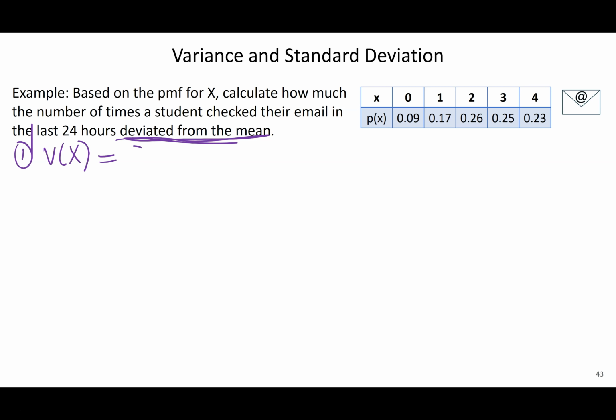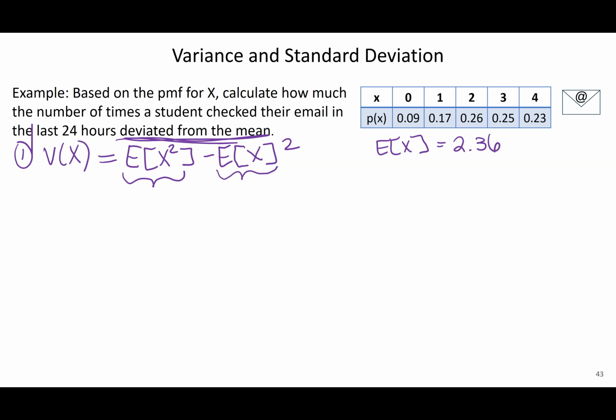So it's going to be the expected value of x squared minus the expected value of x, squared. We calculated the expected value of x; that was 2.36 email checks. This part right here, the expected value of x squared, we still have to calculate, so we are going to go ahead and do that.